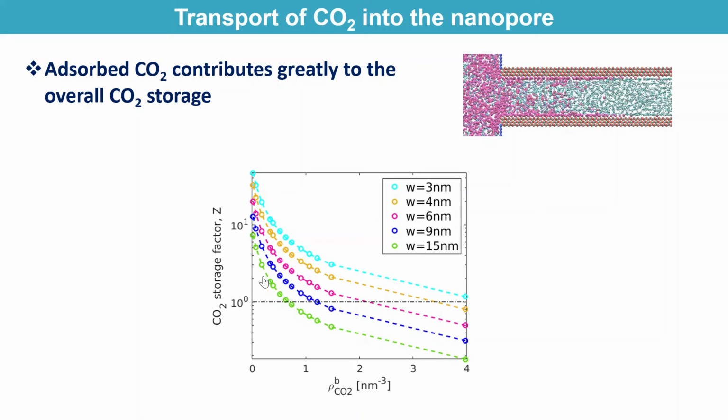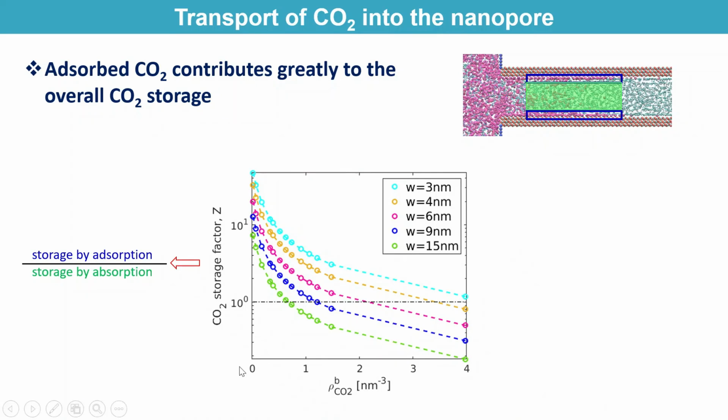Now the relative importance of the adsorbed versus the bulk CO2 can be characterized using the so-called storage factor we defined here. In this figure, we show how the storage factor changes as a function of the bulk CO2 density in different pores. The different lines correspond to different pores. This factor is essentially the storage by adsorption, shown on these two blocks here, divided by the storage in the middle part of the pore.